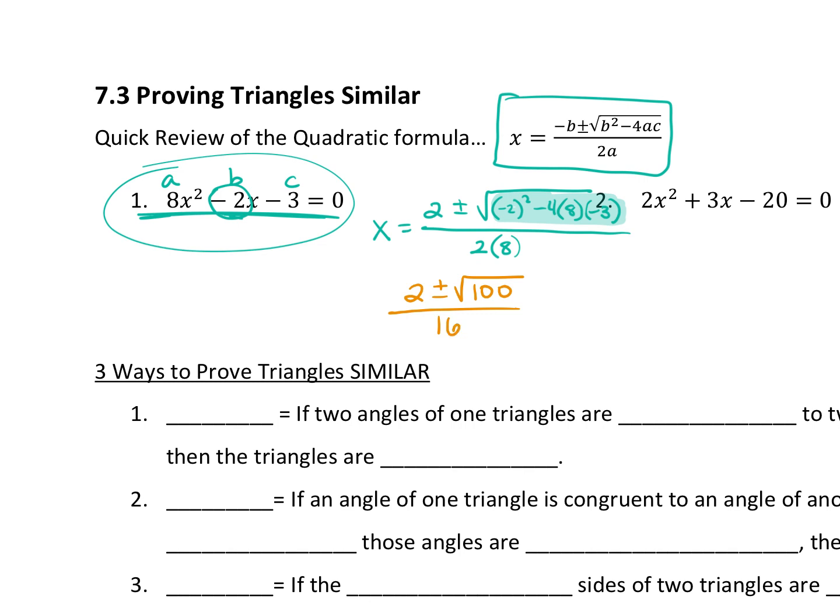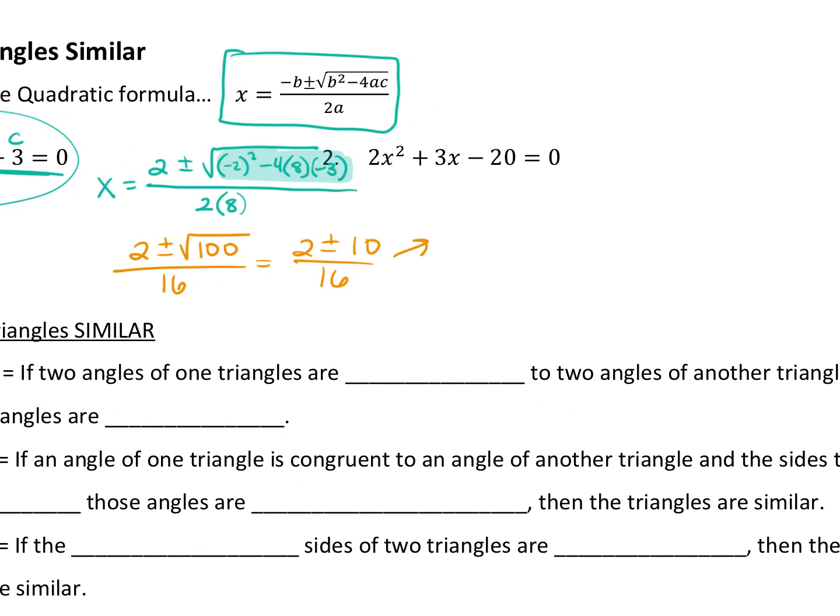Over 16. What's the square root of 100? 10. So this is 2 plus or minus 10 over 16. And now you set it up as 2 separate problems, right? You do 2 plus 10 over 16, and you do 2 minus 10 over 16, and then just simplify that.